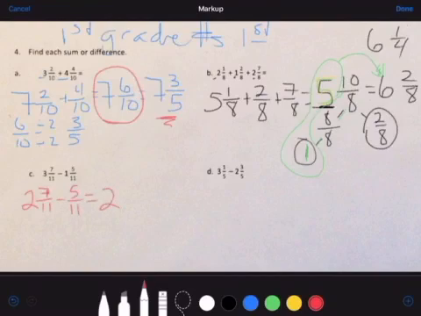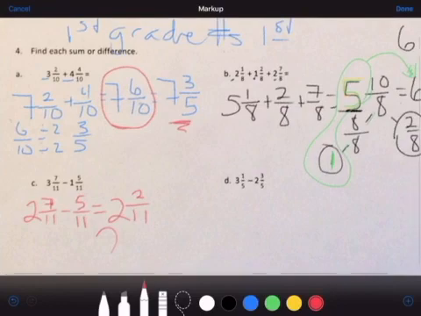That's going to equal 2. And then 7/11 minus 5/11 is 2/11. This one does not have a fifth grade answer or a gate answer. So you're done right there. 2 and 2/11.